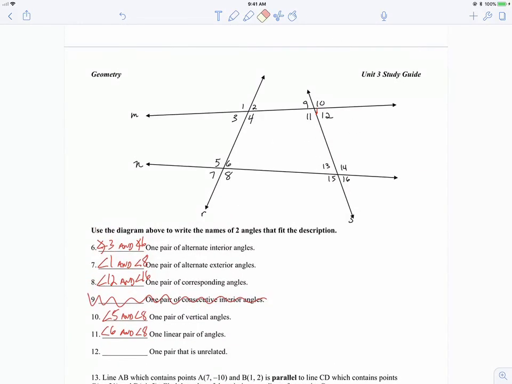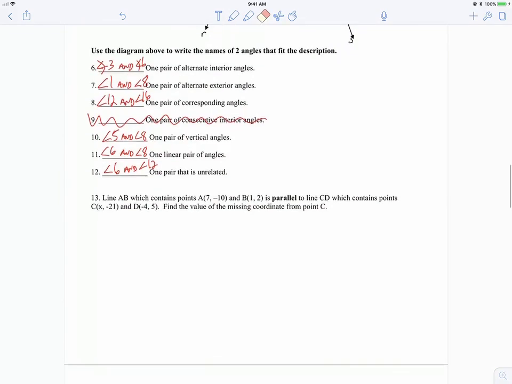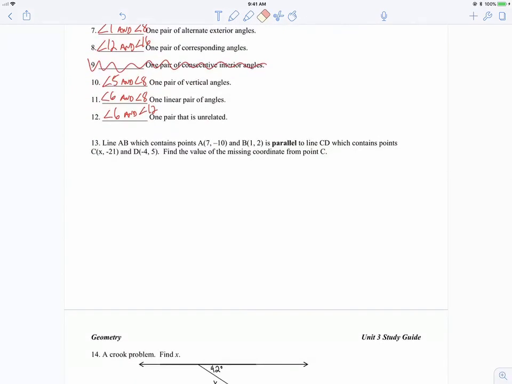One pair that is unrelated, I like to connect across where there's not a transversal, connecting these guys to those guys. There isn't one, so it's easy to pick unrelateds there. 6 and 12. I could pick any one angle from here with any one angle from here, and they're going to be unrelated. 13 we said to skip.